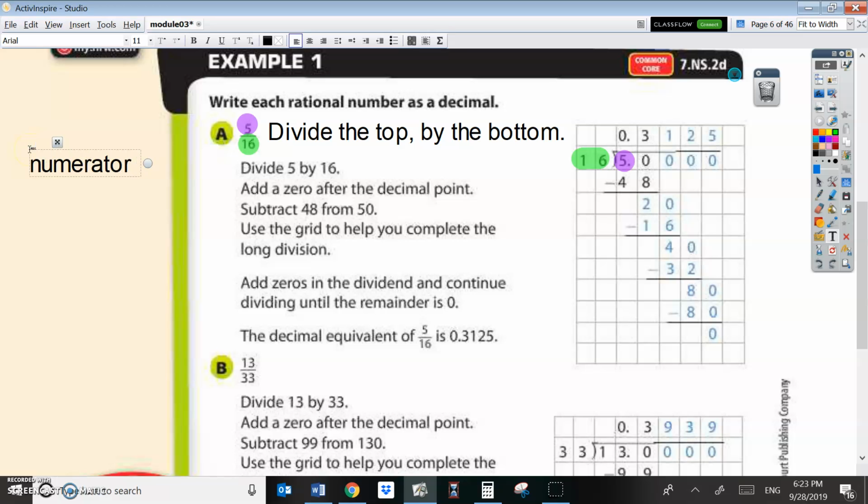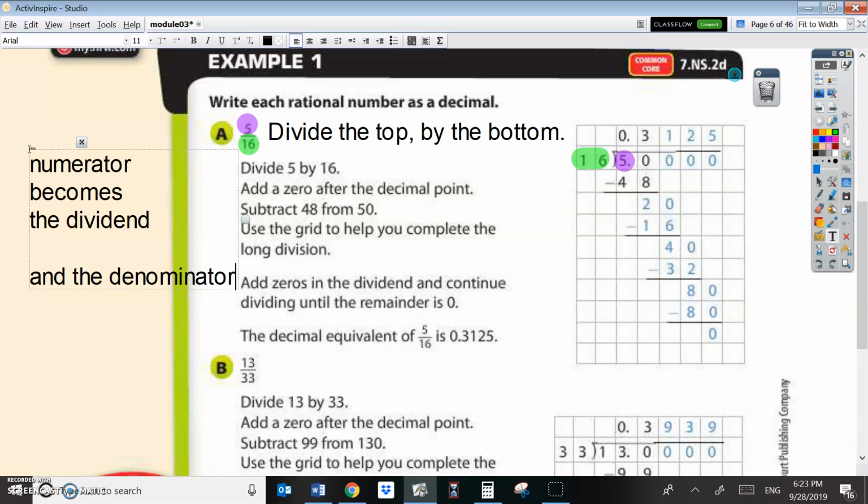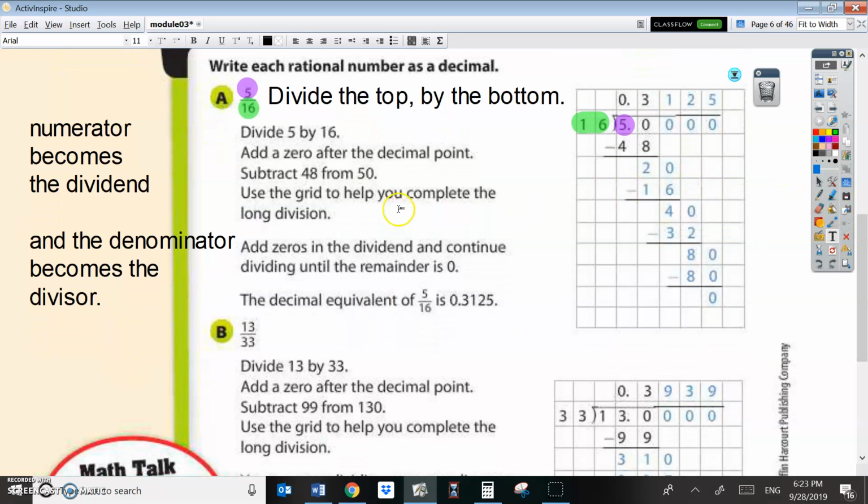To put it another way, the numerator becomes the dividend. Now this one here is a terminating decimal because it stops.